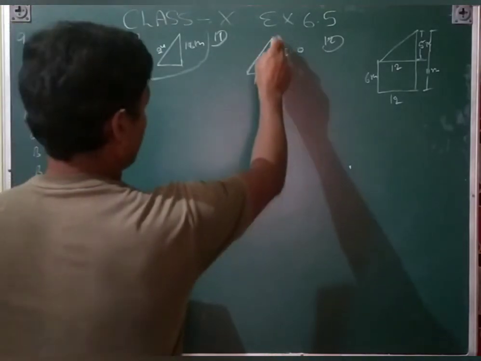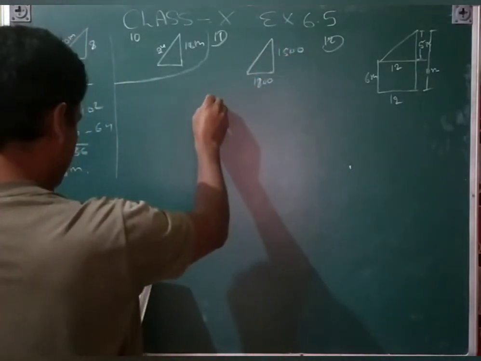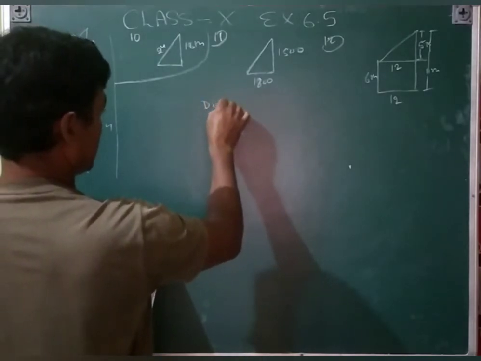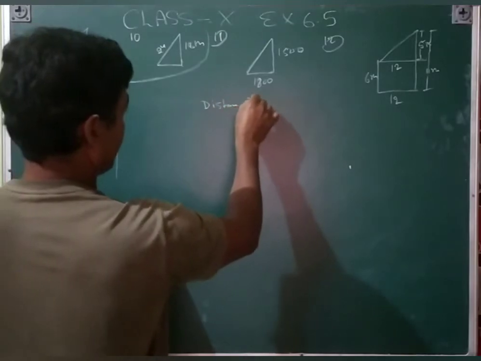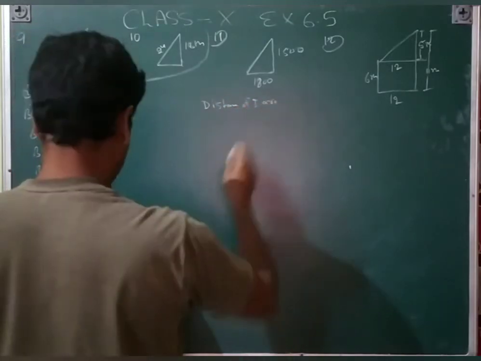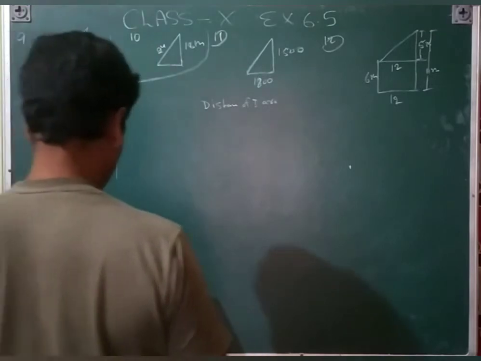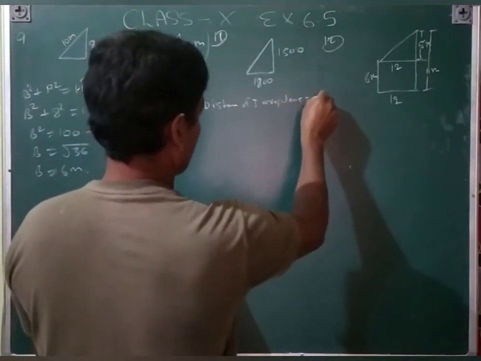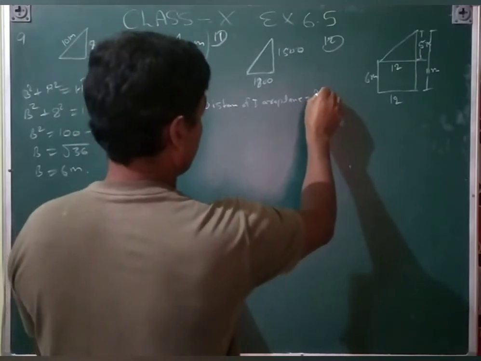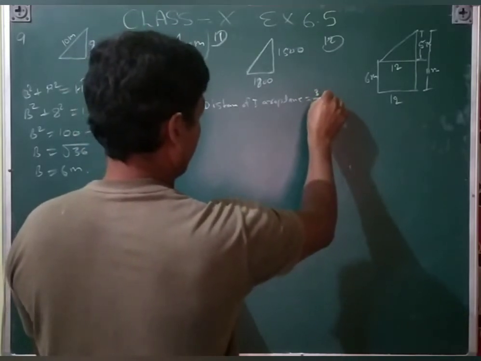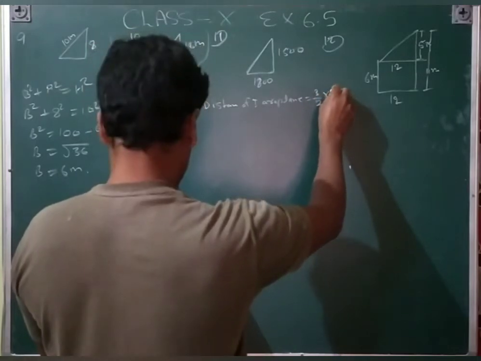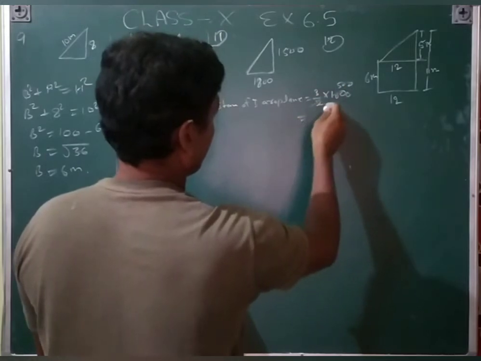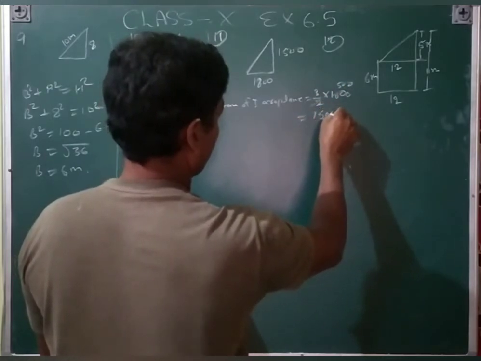The distance of the first aeroplane is equal to 1.5, that is 3/2, into 1000, so that is 1500.